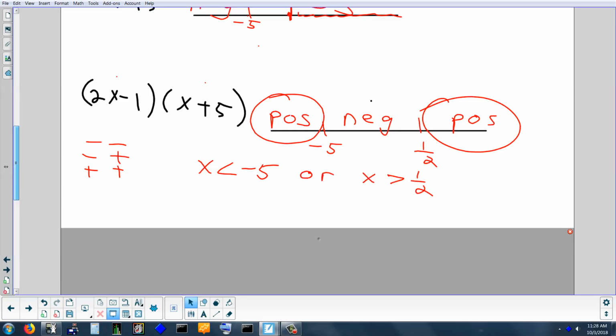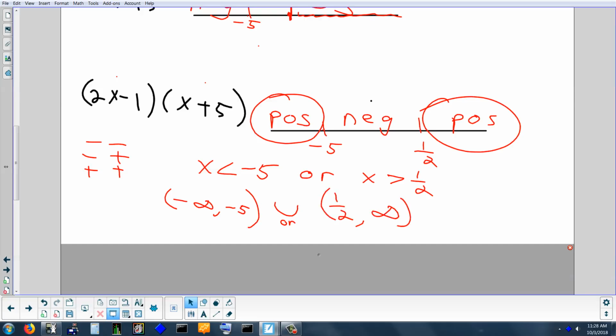If they ask you to write it as an interval, you can pick any number from negative infinity up to, not including, negative 5. Or, you've probably seen that before, that's the symbol for or, when you write an interval. You can pick a number from a half as high as you want to go. That's how you solve a quadratic inequality.